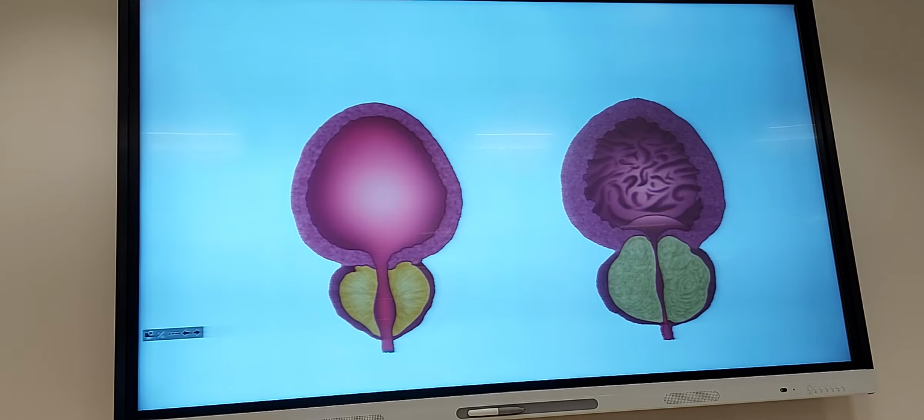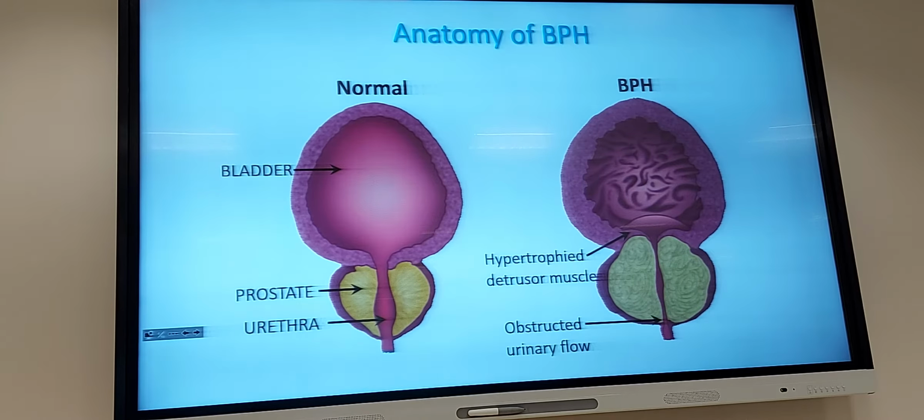So on the left-hand side you have normal anatomy, you have the urinary bladder, and a prostate sitting underneath it and surrounding the prostatic urethra. In BPH, what happens? The prostate gets bigger, there's hyperplasia, and that hyperplasia leads to enlargement of the prostate, and because of that enlargement, there's obstruction to the urinary flow. The urethra is compressed.